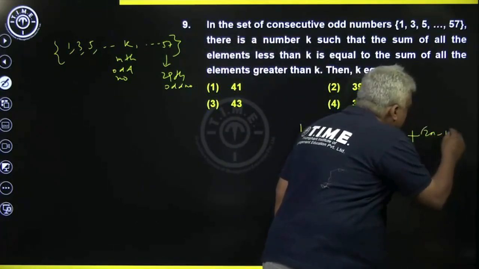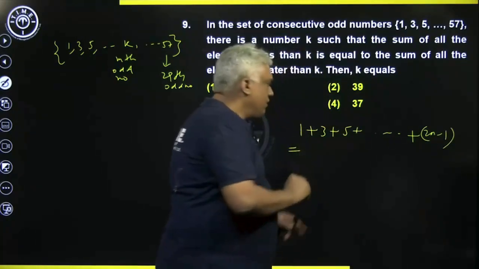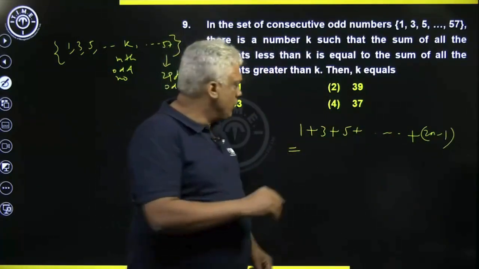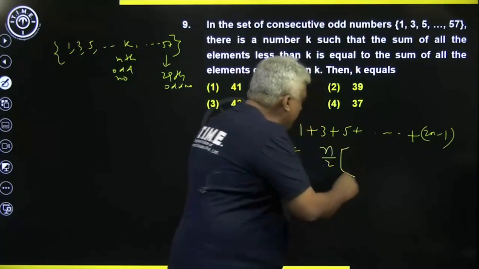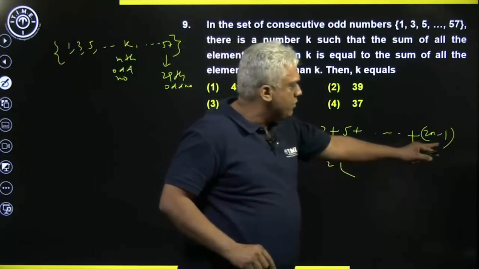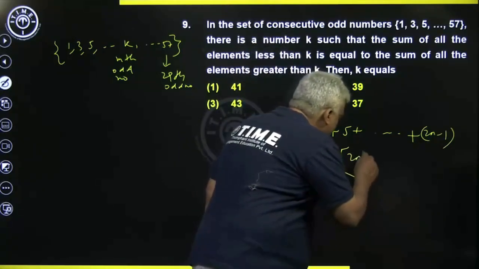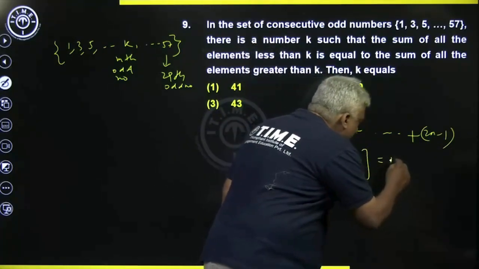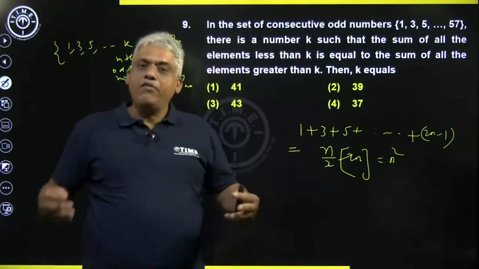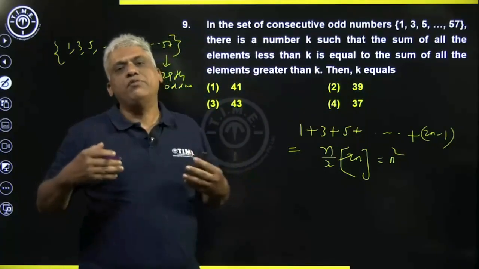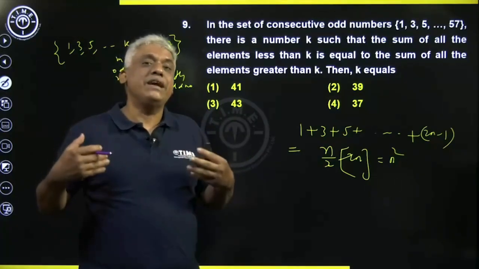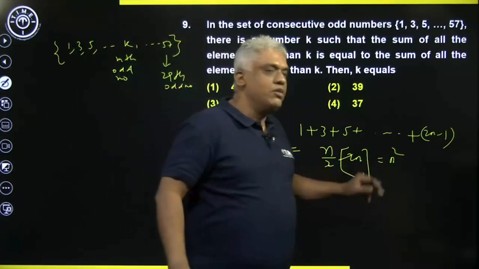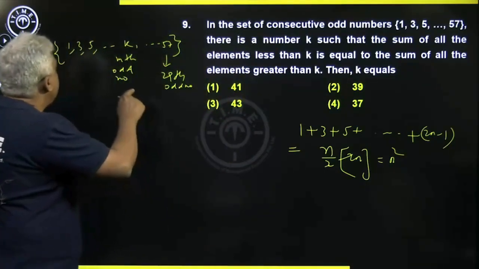If you add them, the sum of first n odd numbers, you know that it's an AP, right? So n by 2, number of terms by 2, times first term plus last term. So 1 plus 2n minus 1 will be 2n, right? So here 2 got cancelled, n square. The sum of first n odd natural numbers is always n square.